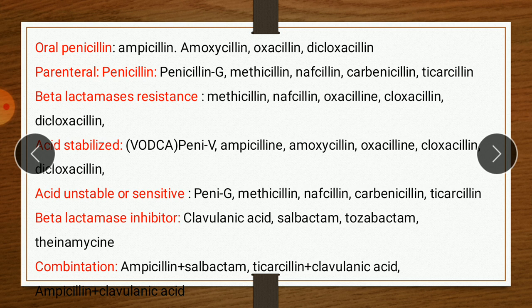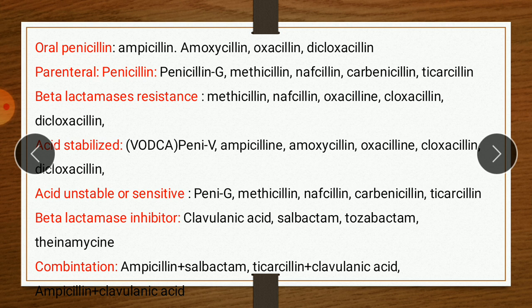For example, oral penicillins: ampicillin, amoxicillin, oxacillin, dicloxacillin are given orally, therefore they are called oral penicillins. Then parenteral penicillins: penicillin G, methicillin, nafcillin, carbenicillin, ticarcillin. Then beta-lactamase resistant: methicillin, nafcillin, oxacillin, cloxacillin, dicloxacillin.